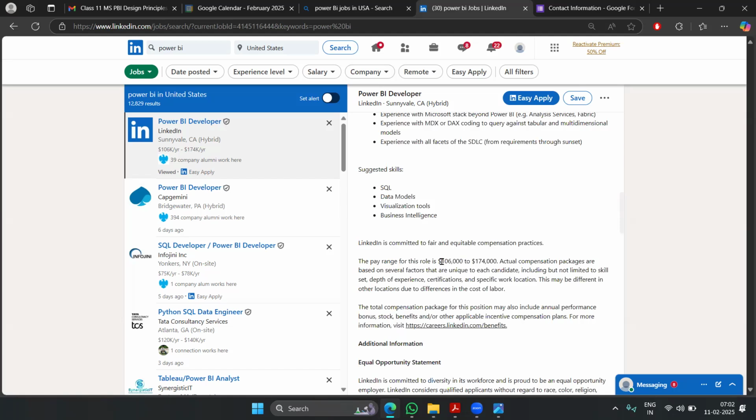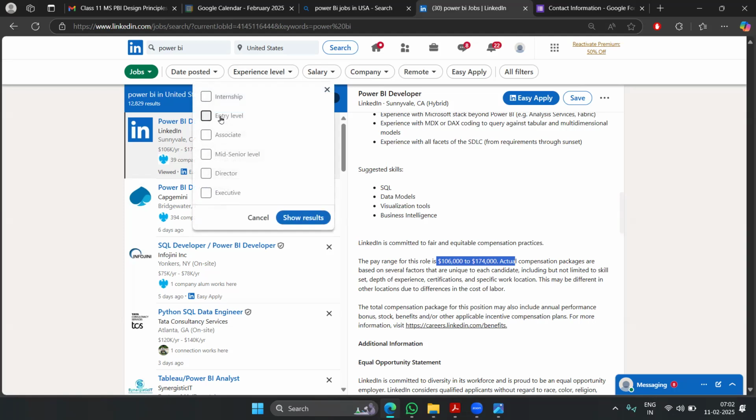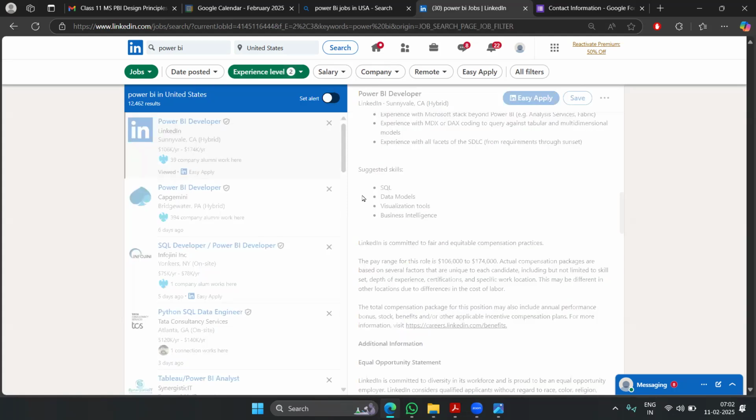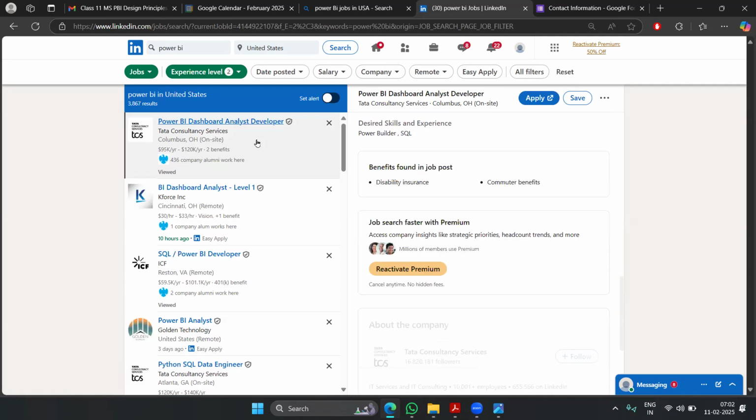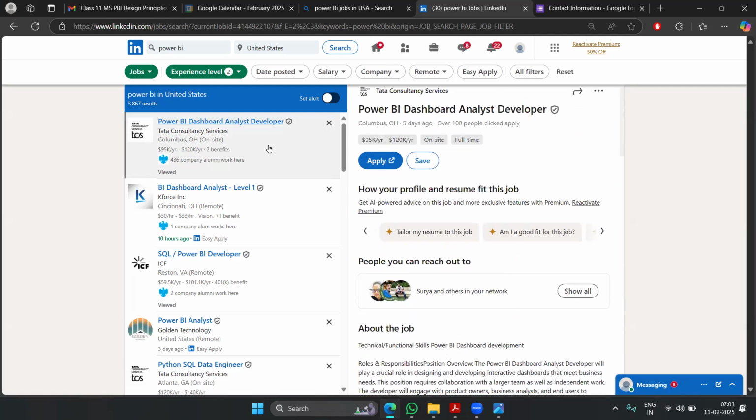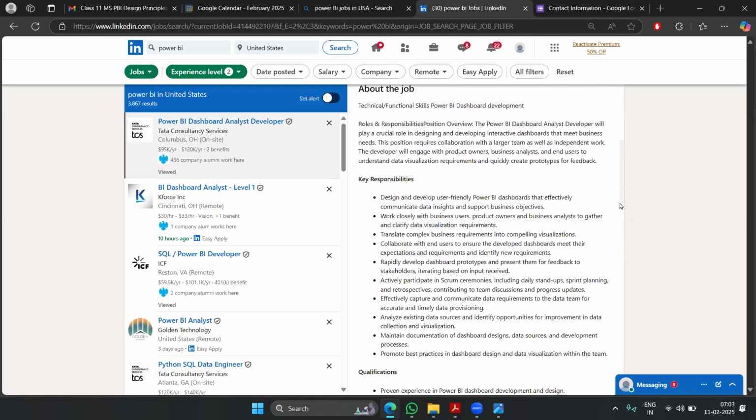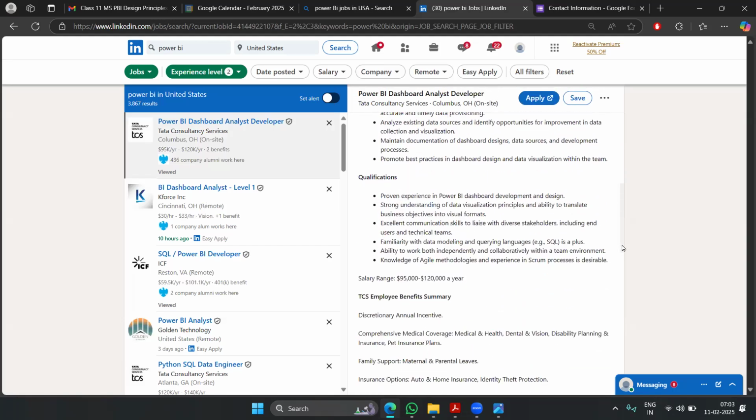And if you see, for a 5 years experienced person, this is the pay range they are going to give. So let us go for the entry level. I just want to make sure at an entry level or associate. See, Power BI dashboard analyst developer, salary ranges 95,000 to 1,20,000 a year.